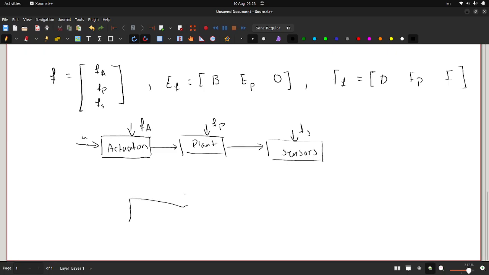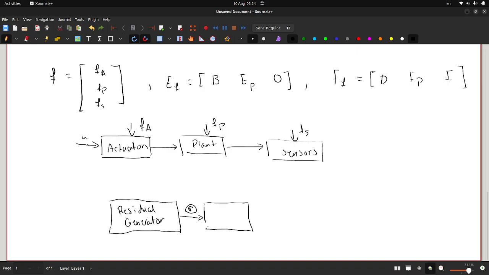Let us have a residual generator that outputs a signal r. From this signal, we can identify through another block whether we have a fault in the system or not.